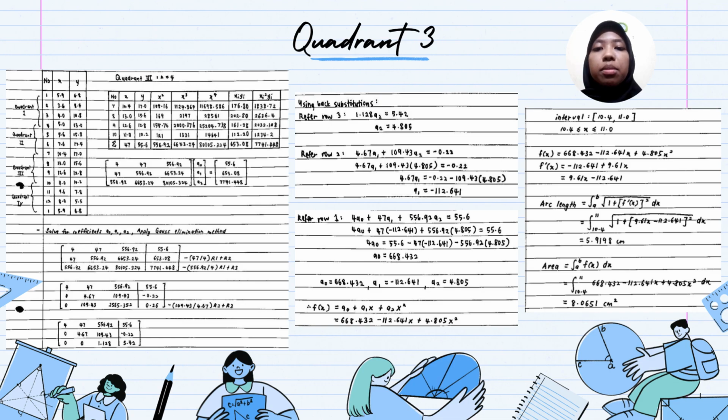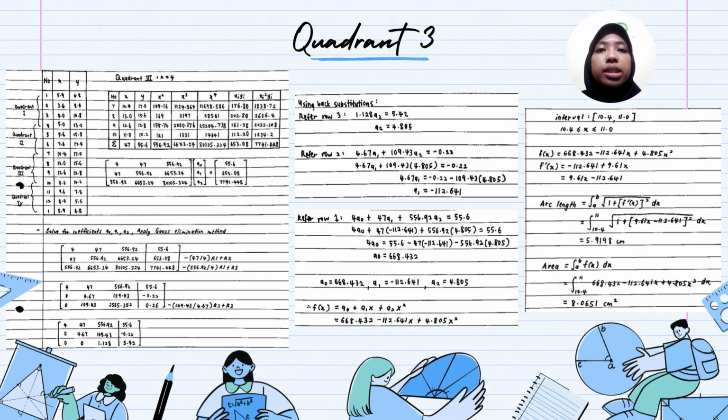The second step is we set up the normal equation in a 3 by 3 augmented matrix. The third step is we apply the Gauss elimination method, and we perform forward elimination to get zeros below the diagonal. It will convert the matrix into upper triangular form.